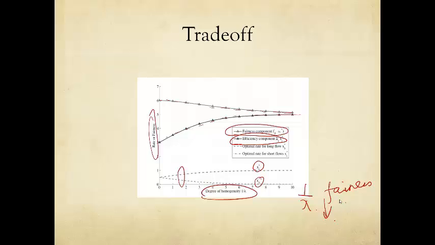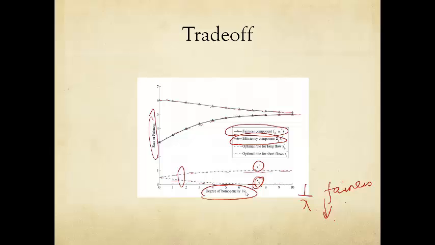And as the relative importance of fairness versus efficiency goes down, you see that the short sessions get more and more rate, the long session gets less and less rate, because it becomes easier and easier to accommodate a smaller rate for the long session, as long as that helps with gain in efficiency for the overall network. So these confirm our intuition.